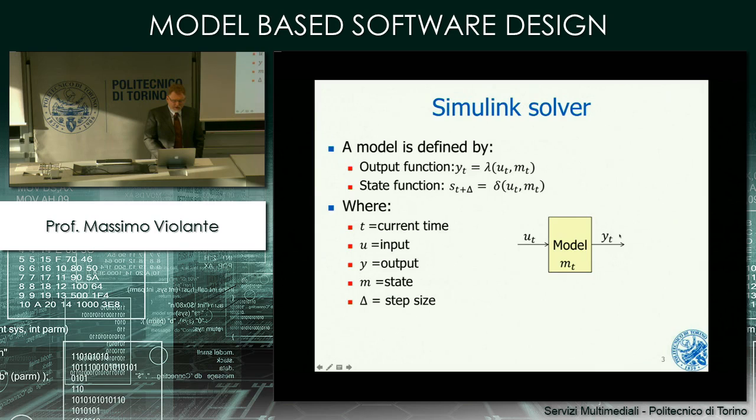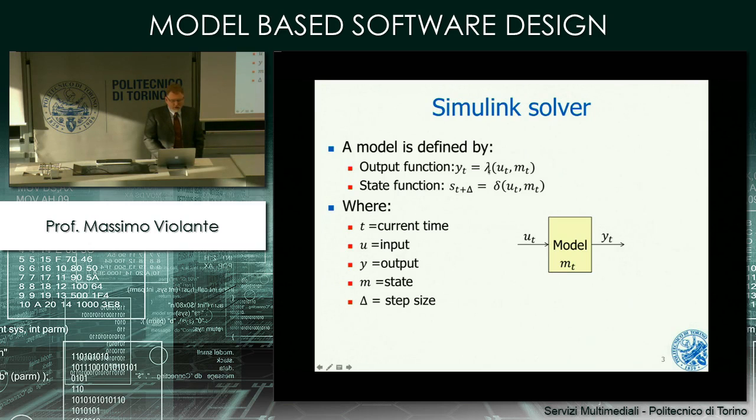The other one is the set of outputs that are produced by the model that processes the input. And the third element is the state of the model. This is because our model, no matter how complex it is, no matter how many blocks you have, can be described through two equations.